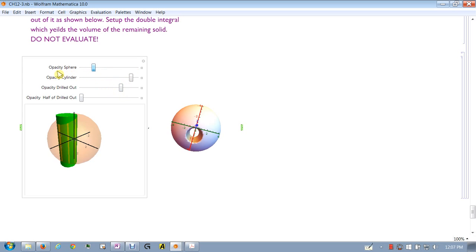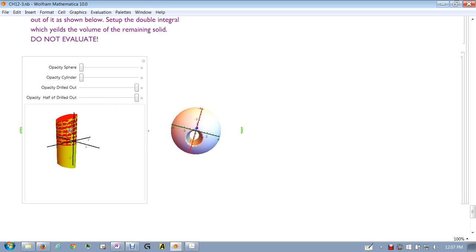Take the sphere out. Take the cylinder out. That's the part that we take out of it.